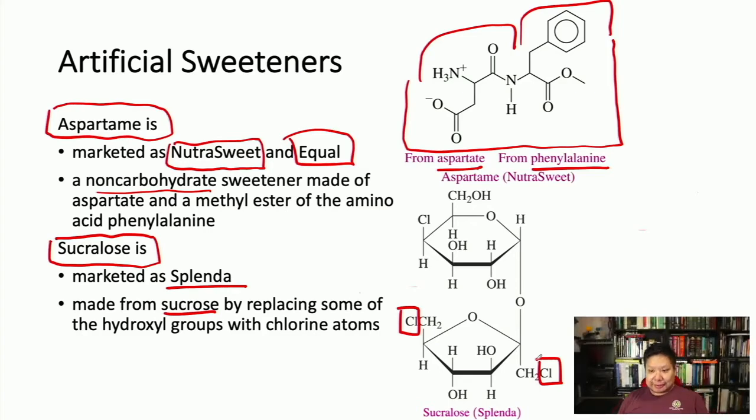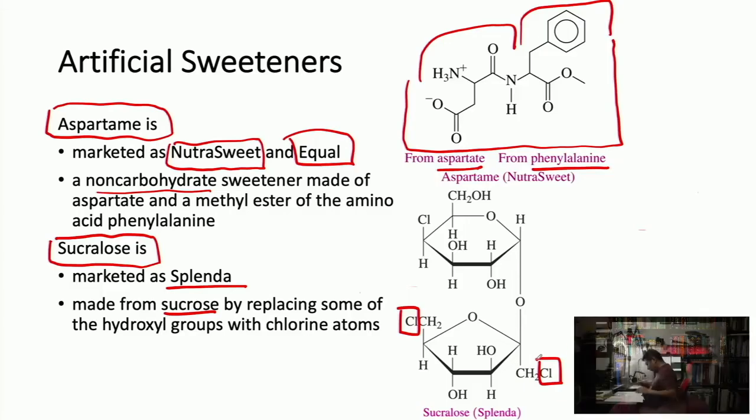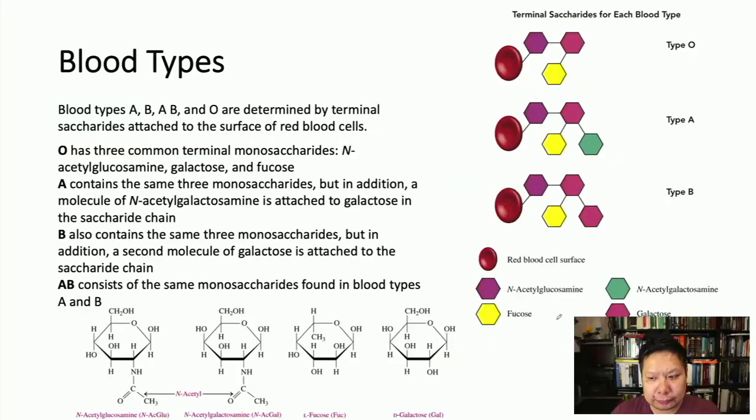So this actually happens a lot, where chemists will go through and change substituents of known molecules that have a certain effect, hoping to increase the effect or make it more efficient by changing some of the constituent molecules, constituent atoms, but retaining the original shape, the original structure. So that's pretty interesting there.